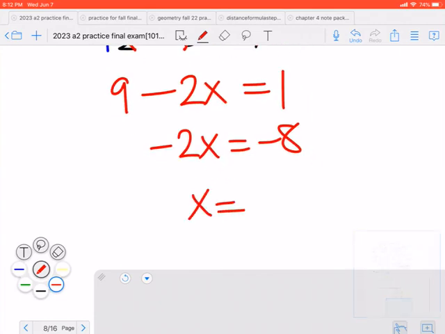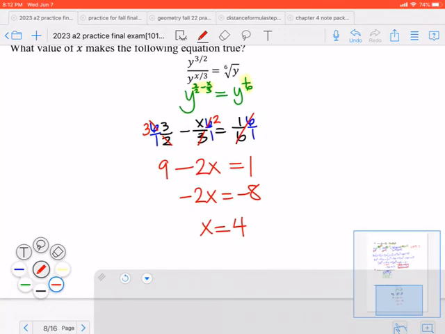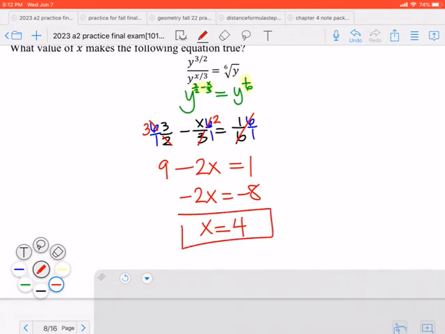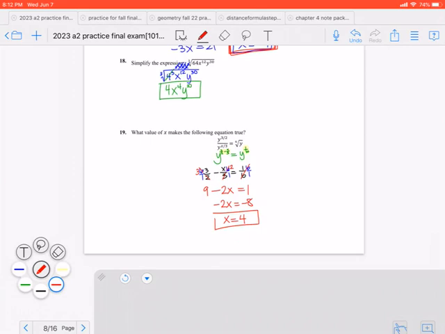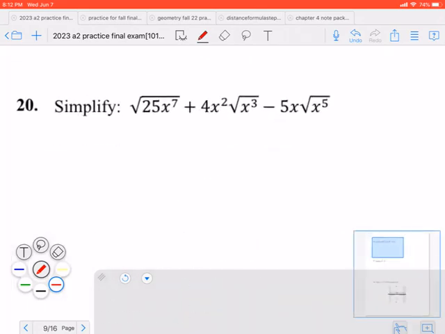Divide both sides by negative 2, and we get that x is equal to 4. And yep, that's it. Boom, boom, boom. And number 20, last one for this part 2 video.